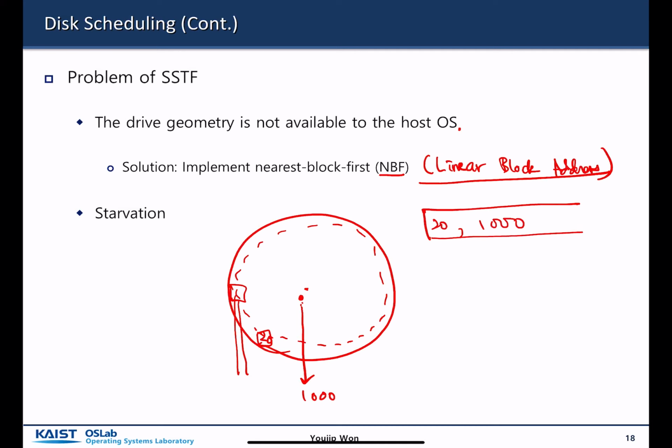But somehow, in the middle of reading sector 20, there is a bunch of requests for 20, 21, 198, stuff like that, and all the subsequent requests are adjacent to the current disk position. In that case, the request for the sector that is farther away from the current disk position will not have a fair chance of getting serviced. So in that case, a certain request is under starvation.